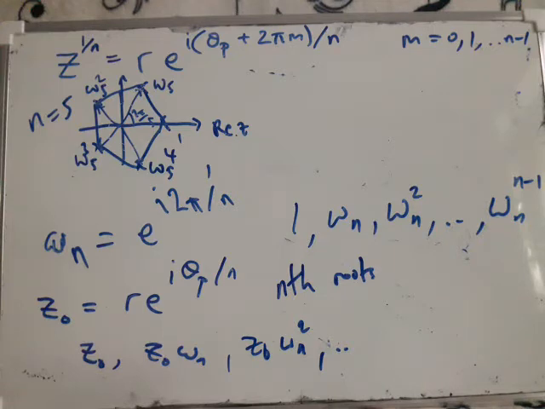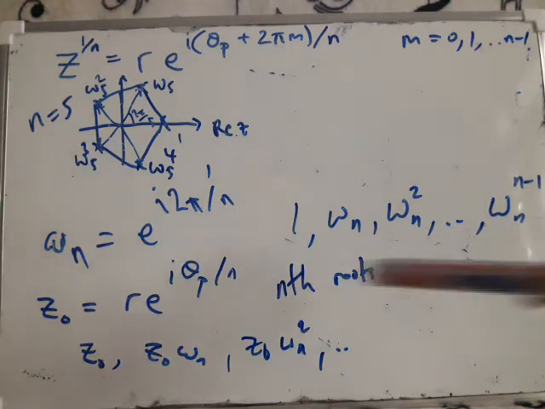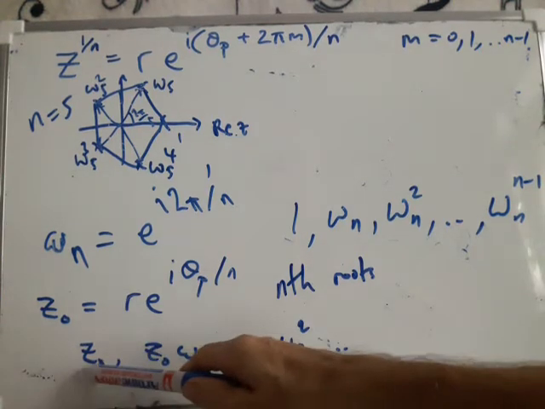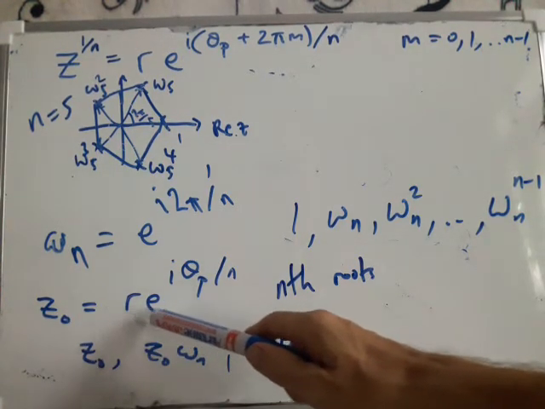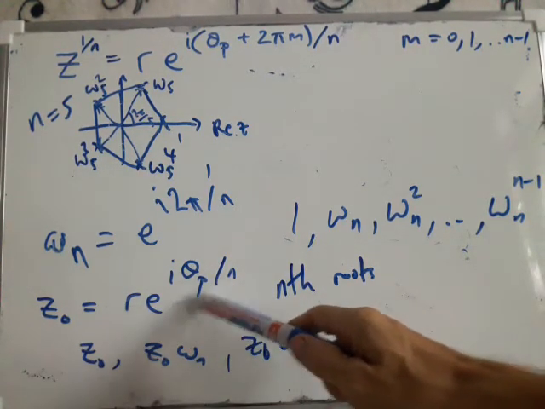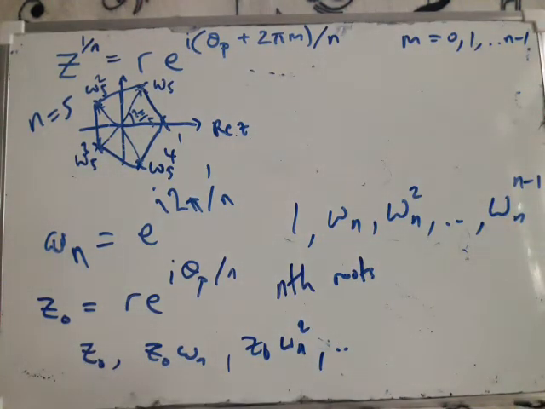Now suppose I want to find the fifth roots of a complex number z. Then I can use this formula, where z0 is the first fifth root of the complex number.